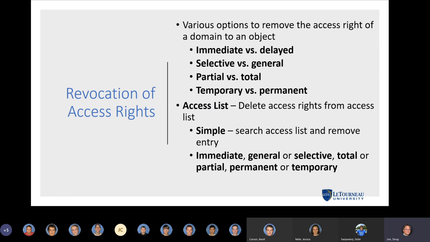And one way that we will come across in a later slide is that rights are temporary, and a process periodically removes privileges from everybody, and then periodically those rights have to be reinstated as a way of continually managing access rights.